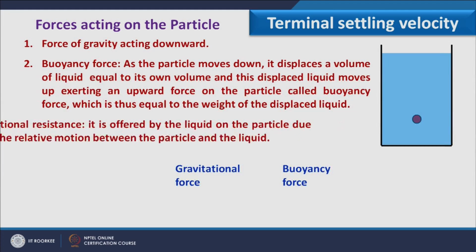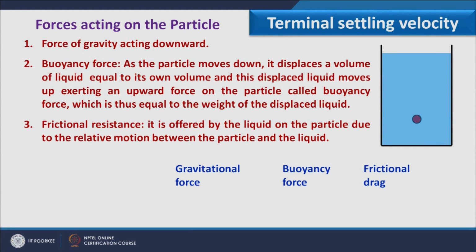So, the weight of displaced liquid means the mass of displaced liquid times g. Apart from these two, another force which will act on the particle is frictional resistance. It is offered by the liquid on the particle due to the relative motion between the particle and the liquid.